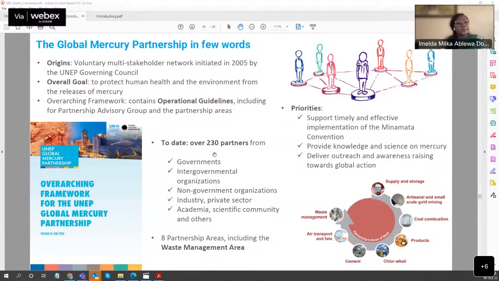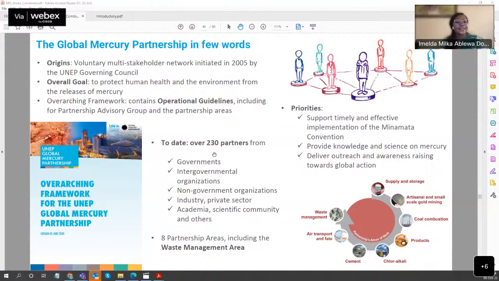So the Global Mercury Partnership is governed by its overarching framework, which was recently updated to reflect a number of evolutions, including the adoption and the entry into force of the Minamata Convention, as well as practices under the partnership.